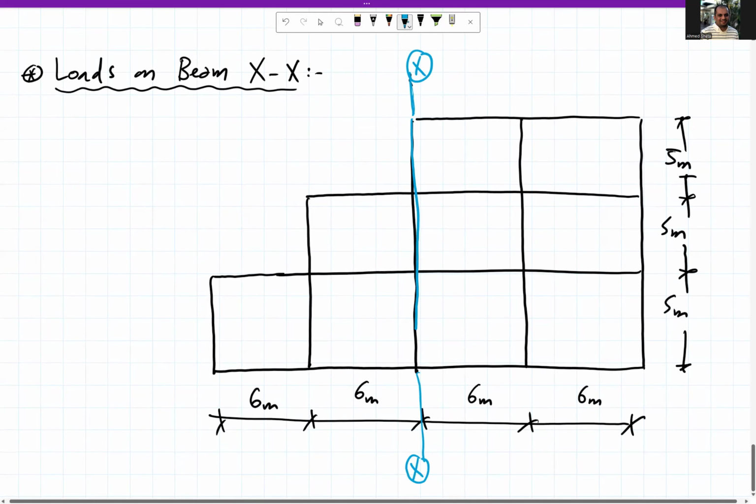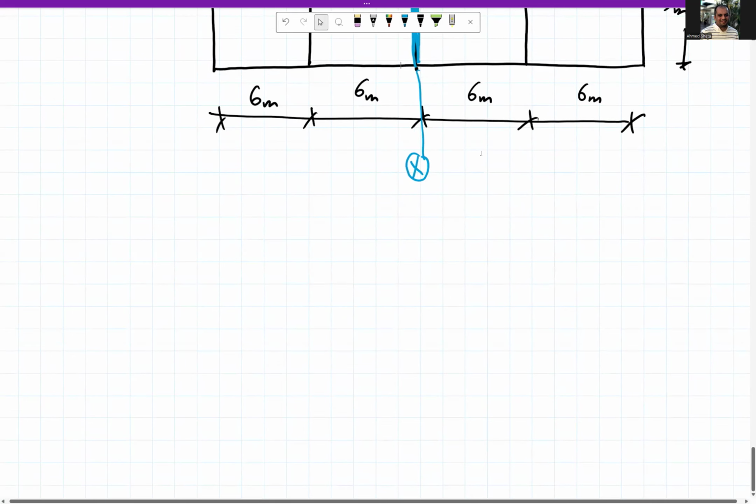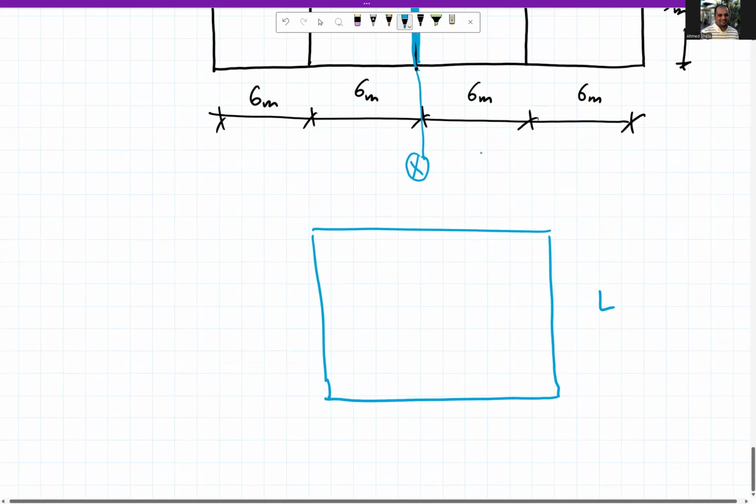So this is our beam we are looking at. This beam will carry part of the slab. This part of the slab is based on the condition here. So if we have a slab, we have L short and L long. So we have beams in the short direction and other beams in the long direction.